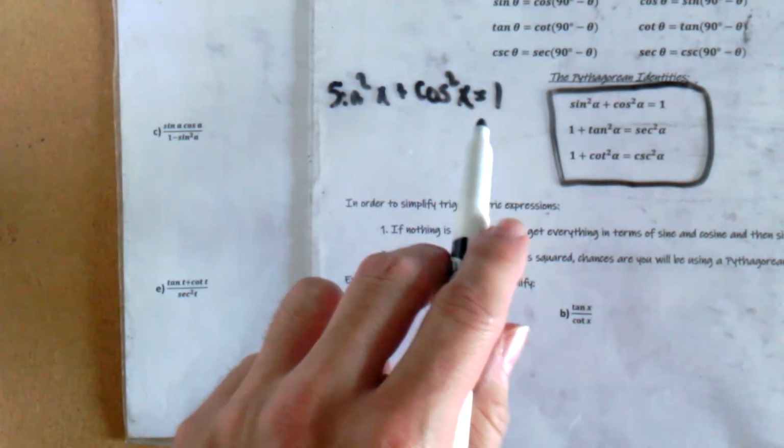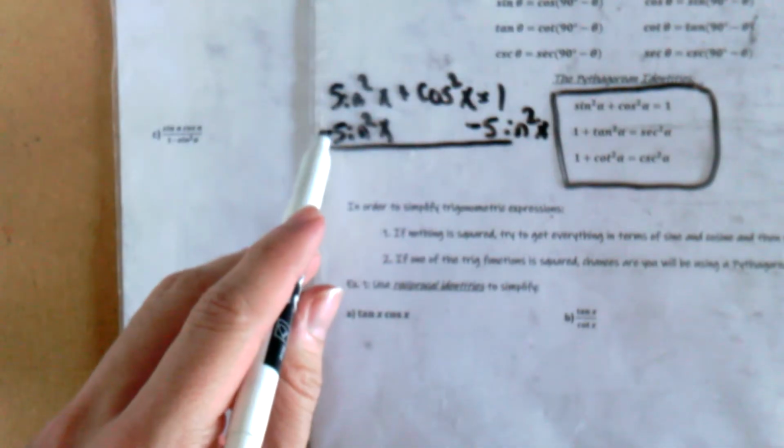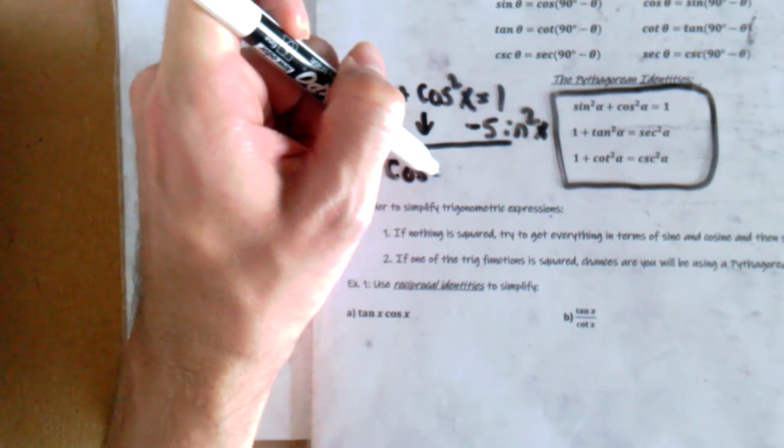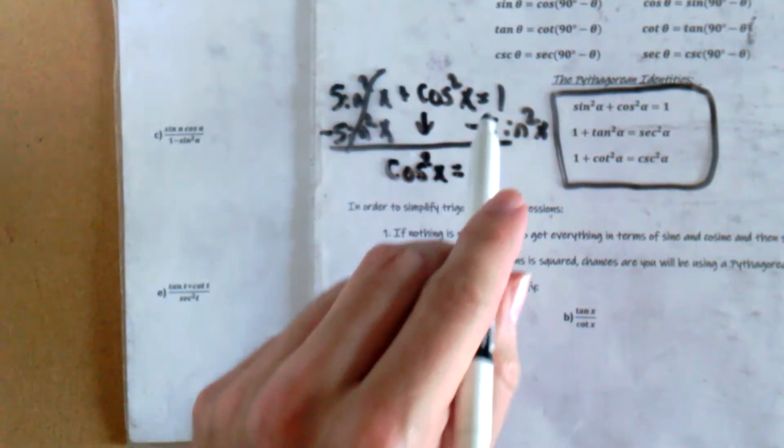To do that, we subtracted sine squared from both sides of the equation. So let's do that again. Subtract sine squared from both sides. Sine squared minus sine squared is 0, so it cancels out. Bring down our cosine squared, and we have cosine squared equals 1 minus sine squared.